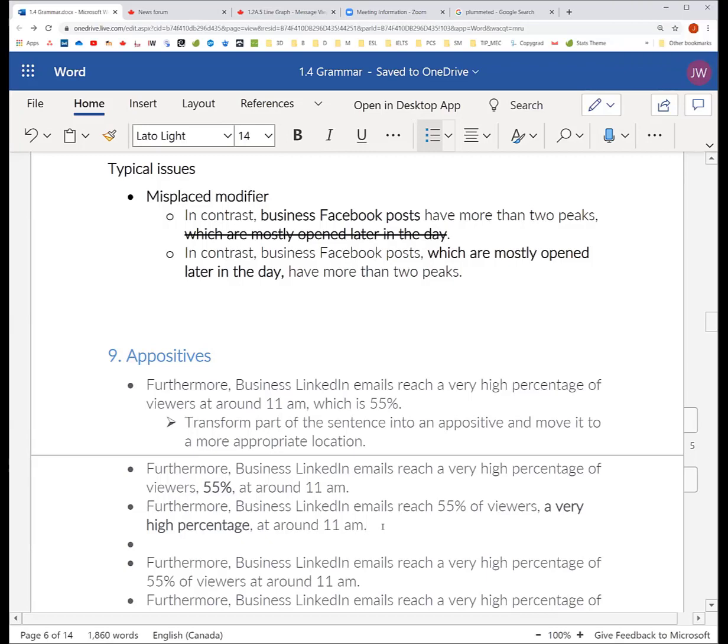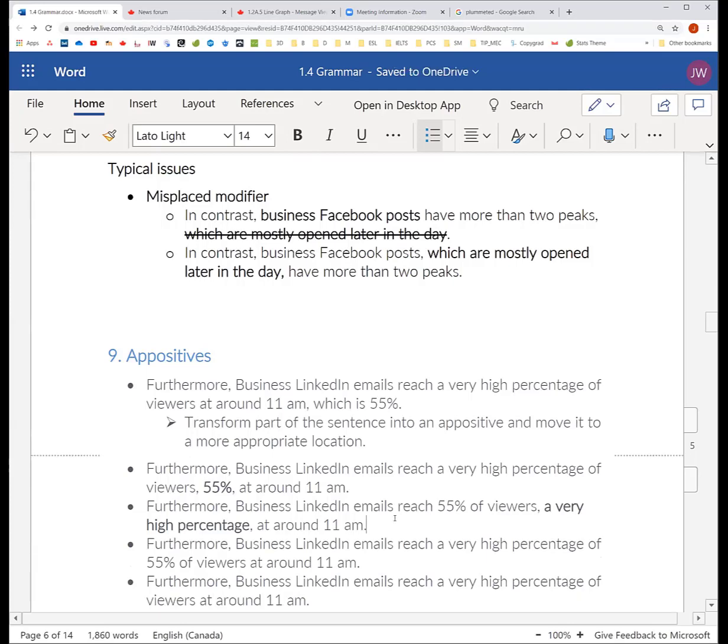Okay, so what is the independent clause here in this sentence? Furthermore, business LinkedIn emails. This is the independent clause. And the appositive, it will work similar to the relative clause? Yes, in terms of placement, it's exactly the same.